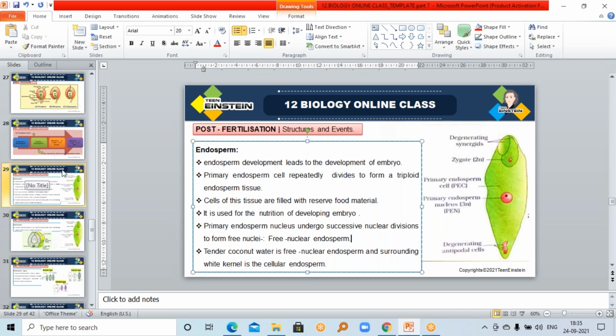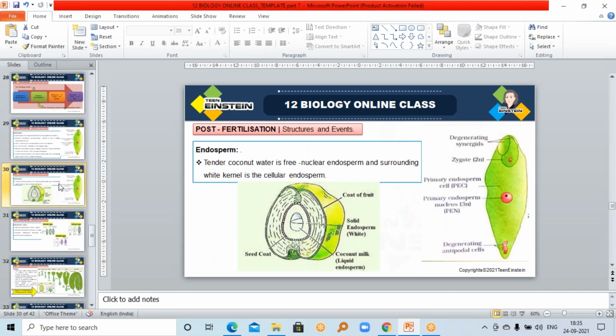And next, here you can see tender coconut water. That coconut milk, the liquid endosperm, is the tender coconut water. Okay, and the solid endosperm is the white kernel which is formed.